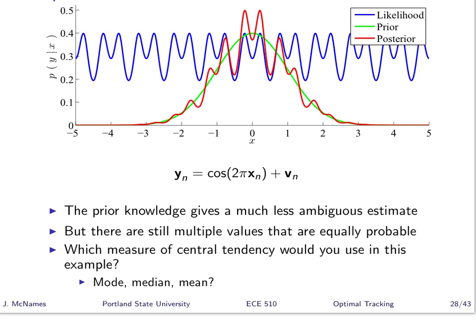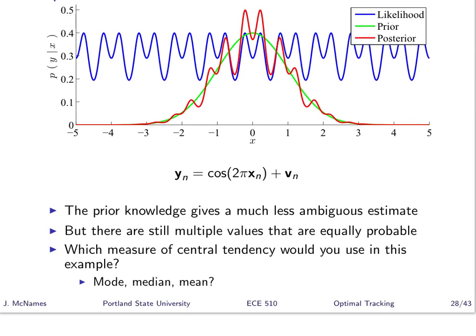You would probably pick either the mode, the maximum, but the maximum isn't unique, even for the posterior, or maybe the median or the mean. And I'll make this rhetorical. This is just a reminder that it depends on your application. It depends on what you're trying to do. And you really need an application context to justify whichever of these things you're going to use to estimate what the state is.